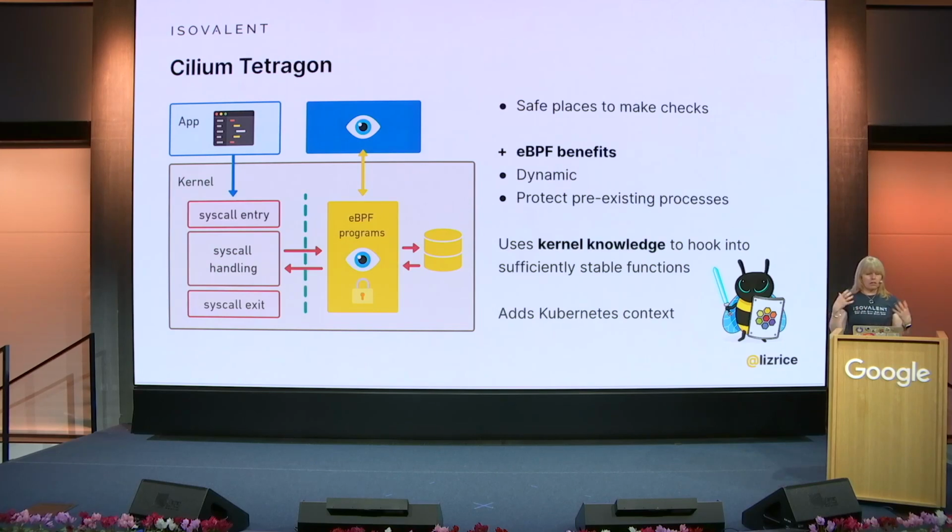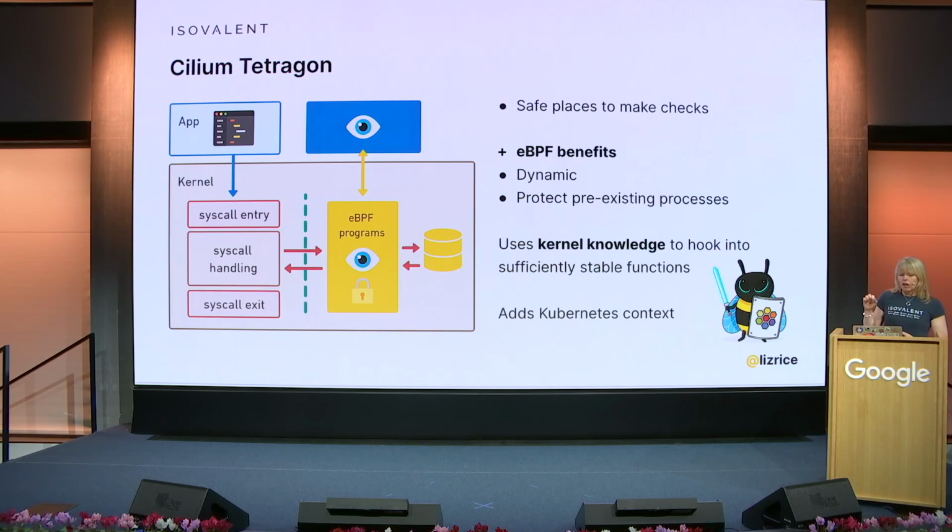And folks working on Cilium, a lot of them are kernel engineers who know how stable a lot of the kernel is. If it was going to change, they would be involved in changing it. So they've kind of got this knowledge about what are sufficiently stable areas of the kernel where we can take a punt that those aren't going to change in the near future.